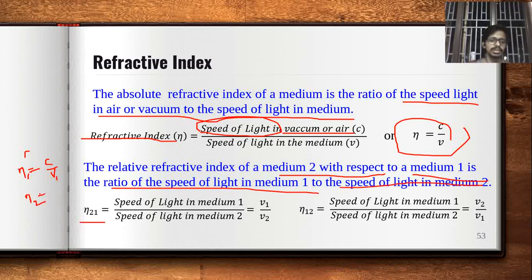Eta 2 will be C upon V2. Now, if I find the ratio of eta 1 upon eta 2, then it will be V2 upon V1, and this is called eta 12.